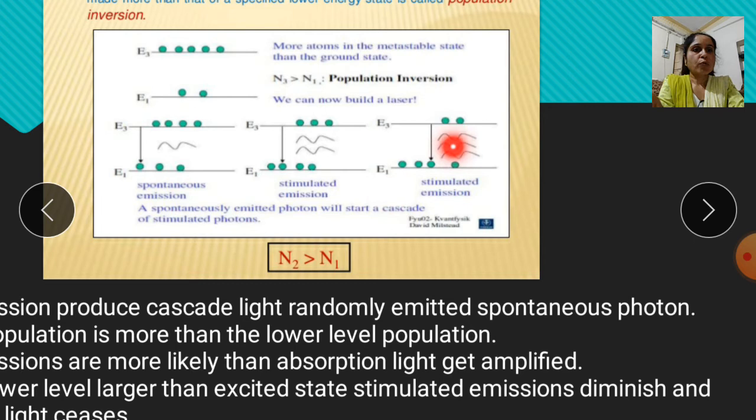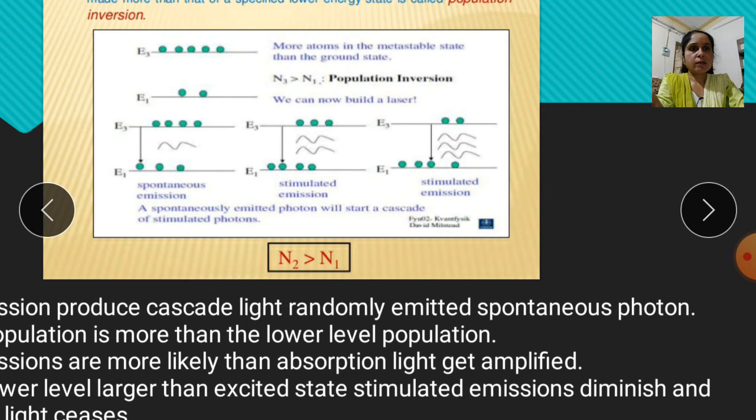One atom produces two atoms. So in this way, two atoms are converted into four atoms according to the stimulated emission process. So in the ground state, more and more atoms are present according to the process of spontaneous and stimulated emission.